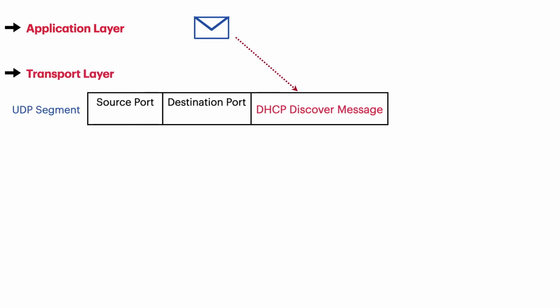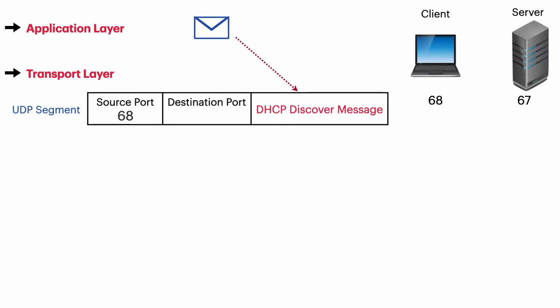The DHCP discover message from the application layer is then placed in a UDP segment in the transport layer. Since the client uses UDP port 68 and the server uses UDP port 67, the source port is set to 68 and the destination port is set to 67.